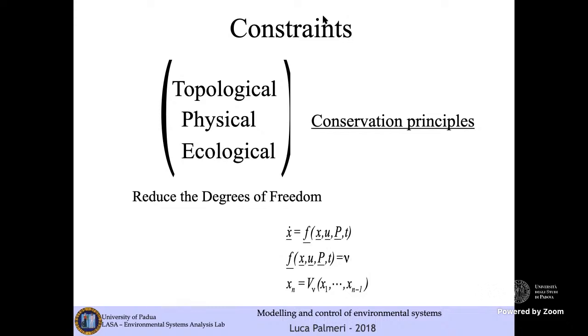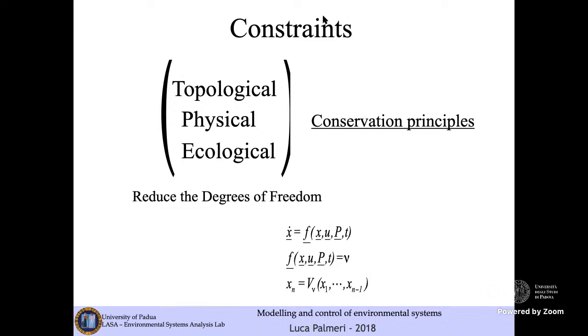And somehow I'm reducing the complexity of my description, and I'm building a tool that is much more tractable from a computational point of view. So let's start looking at the constraints. In particular, let's start looking at topological constraints.